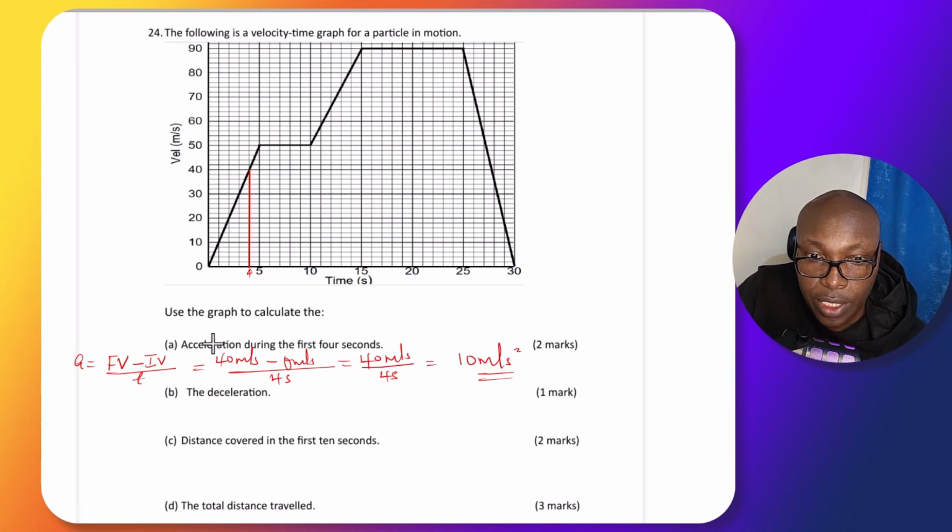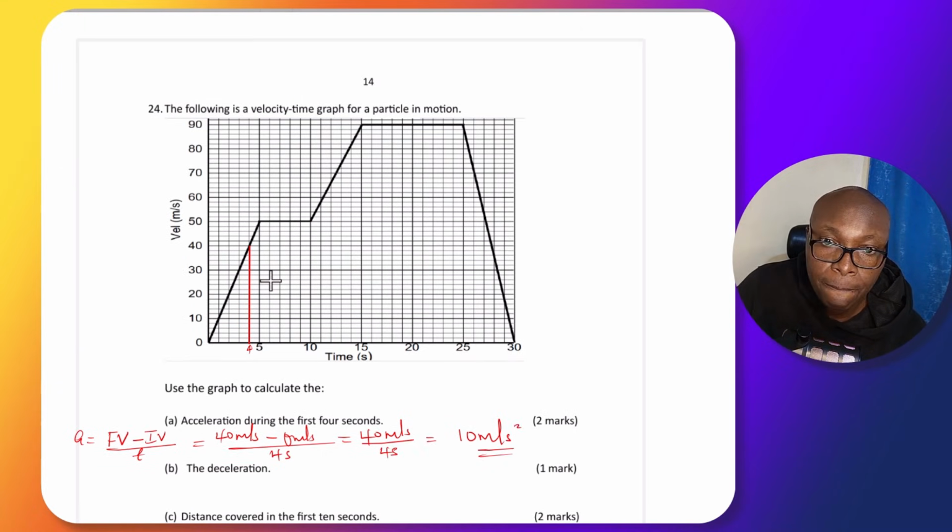Then you go to part B, the deceleration of the particle. So when you look at the graph, which area does deceleration occur? Acceleration is where we have an increase in speed, a positive increase, and then this particular part where the speed is decreasing.